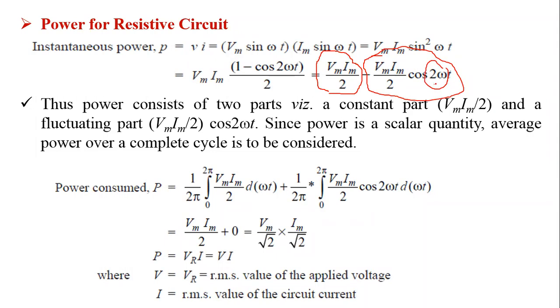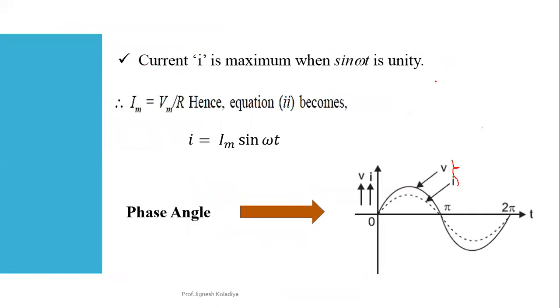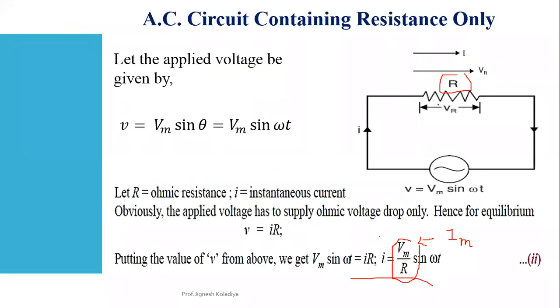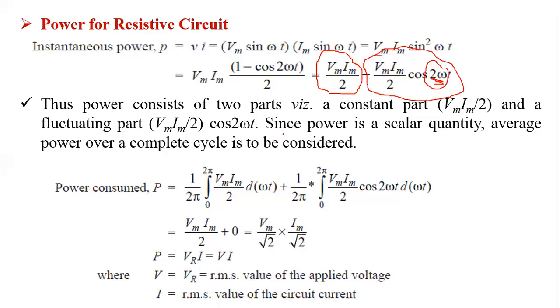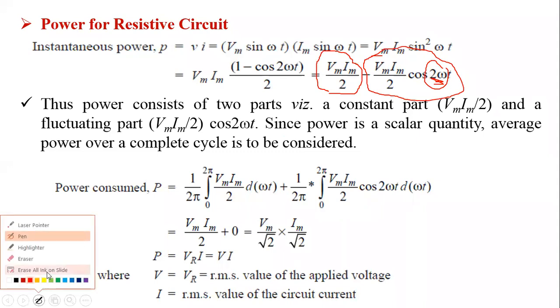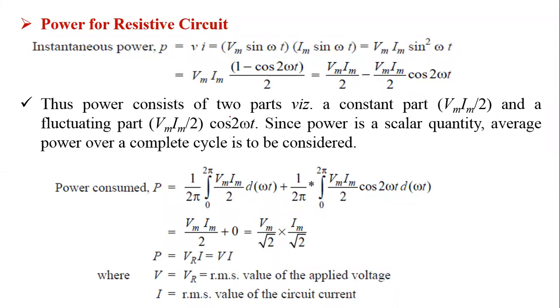This is 2 omega t and supply has only frequency omega t. So this power consists of two parts, the constant part Vm Im by 2 and the fluctuating part Vm Im by 2 into cos 2 omega t. And since power is a scalar quantity, the average power over a complete cycle is to be considered.